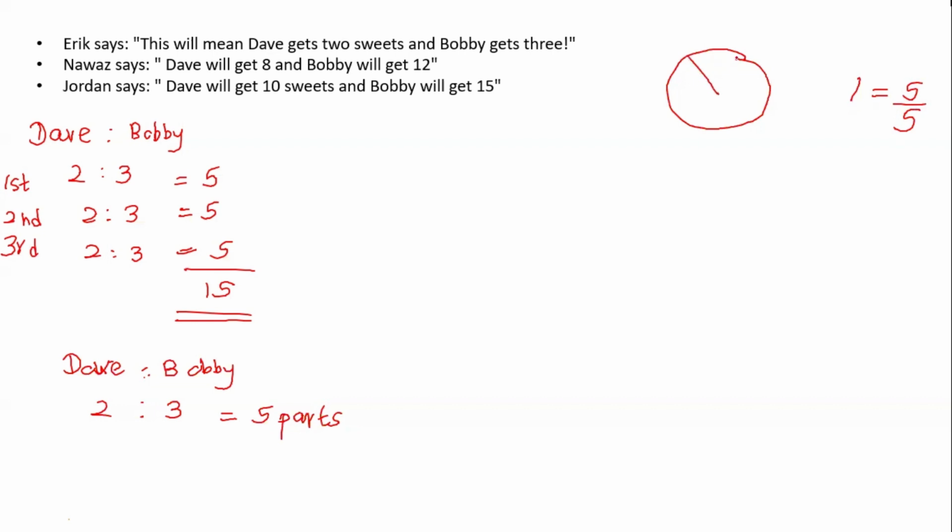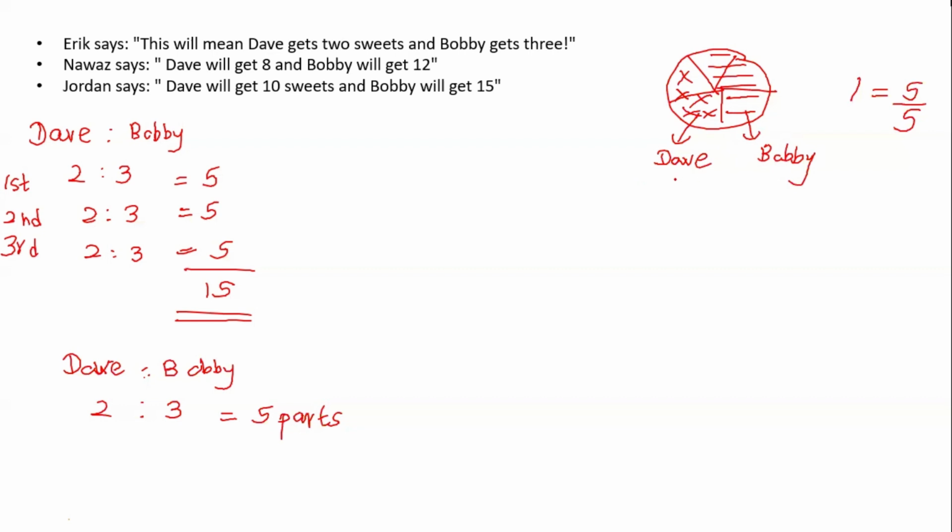So this is 1, 2, 3, 1, 2, 3, 4, 5. As there are 5 parts, the whole is divided into 5 parts. So 2 parts belong to Dave and the rest belongs to Bobby.